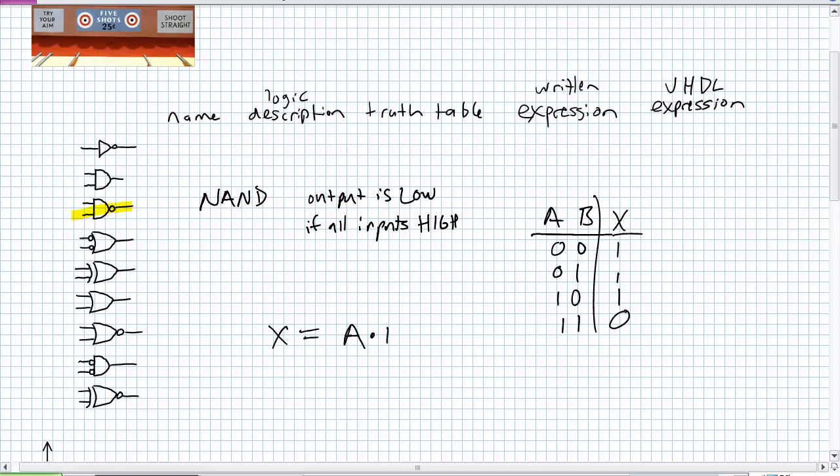X is equal to A ANDed with B, then the whole thing is inverted. How do I write this in VHDL? X is assigned not, open parenthesis, A and B, close parenthesis. I can just as easily write A NAND B. Write it that way. Okay, next one.